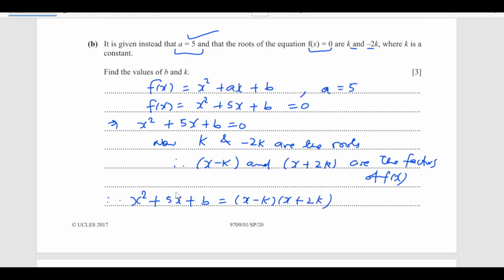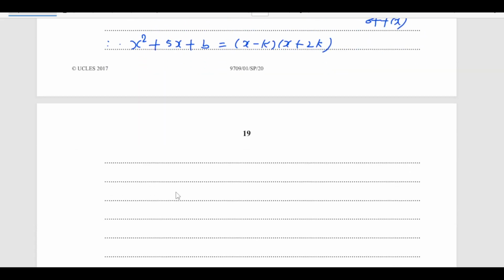So, now we can expand the right hand side and then we can compare these equations. Let us write the left hand side as it is, because we are not going to touch it here. Now, expanding: x times this is x squared plus 2kx minus kx minus 2k squared, right.